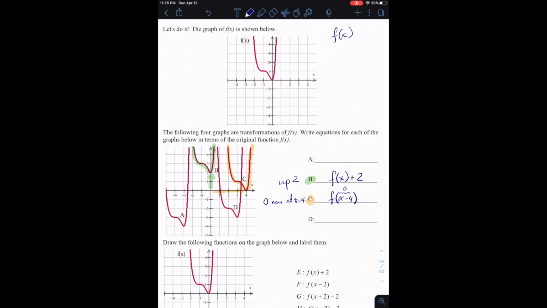Okay, let's try A. So what did we do? It looks like we went down to negative 4, and over to negative 3. So 0 at x equals negative 3, and down 4.